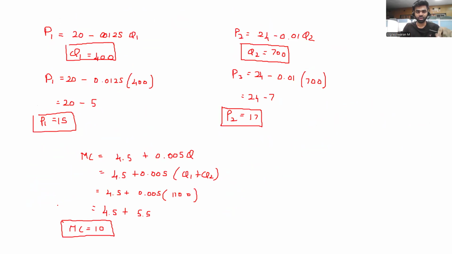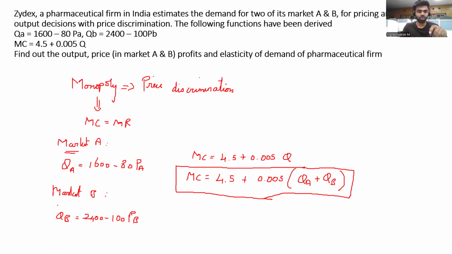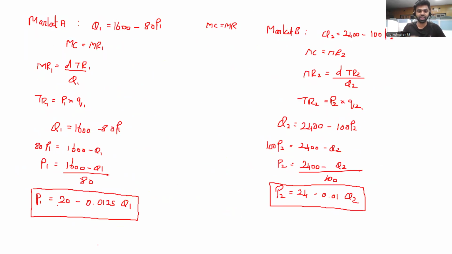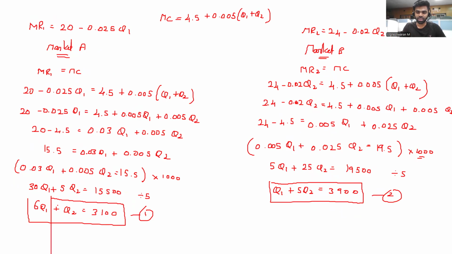So just a quick revision. Price discrimination will come in a monopoly market. For a monopoly market we have to equate MC and MR. In this question they have given only one MC equation, so I took the quantity as QA plus QB. To find MR, I found the total revenue and then followed the question.